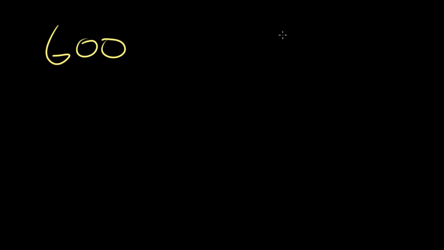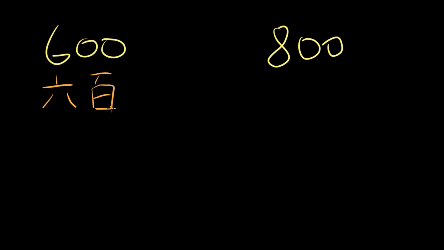600 and 800. So 600, well, you could still write it if you know the kanji: the kanji for roku, the kanji for hyaku, 100. And that's pronounced roppyaku, with a small tsu. And in a similar way, 800.